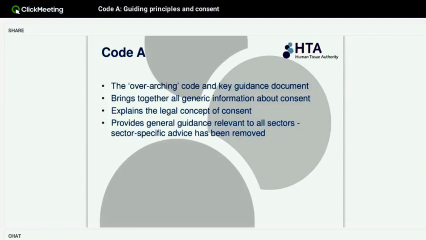The scope of consent, so when consent is required, and for that matter when it isn't required, and how to deal with any conditions placed on consent, the duration of consent, and when it might be appropriate to seek enduring consent, and information about the withdrawal of consent. So it brings together all the generic information that we think those working in establishments need to know about consent and explains the legal concept.